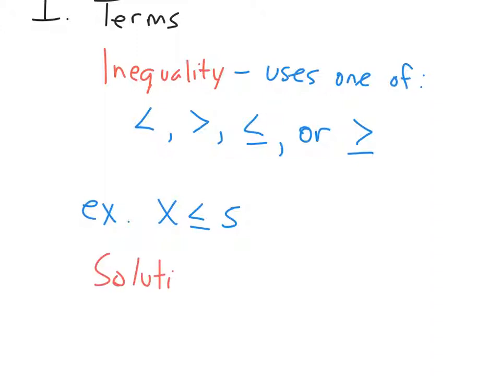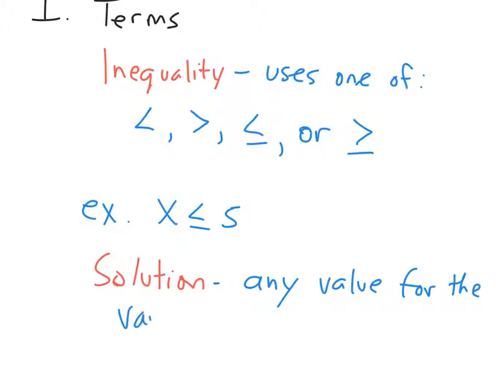When we're looking at those, the solution is the next term. The solution to an inequality isn't going to be just a single number like before, where you get x equals 7 or something like that. Now it's going to be any value for the variable that makes the inequality true.